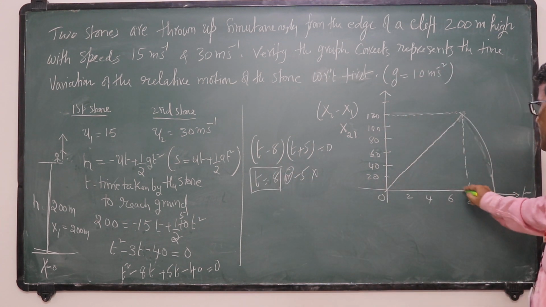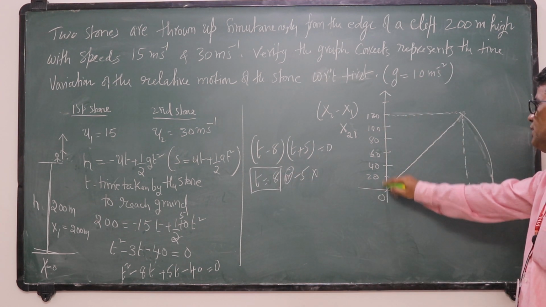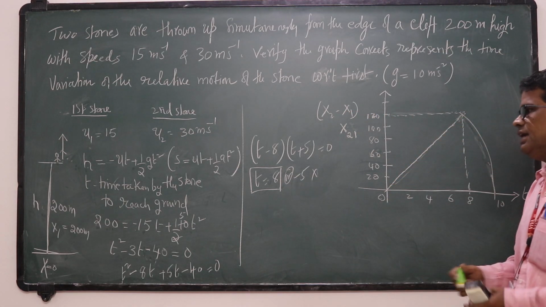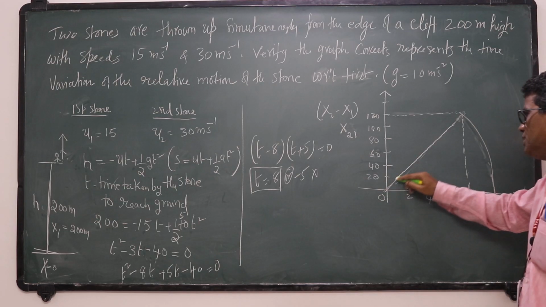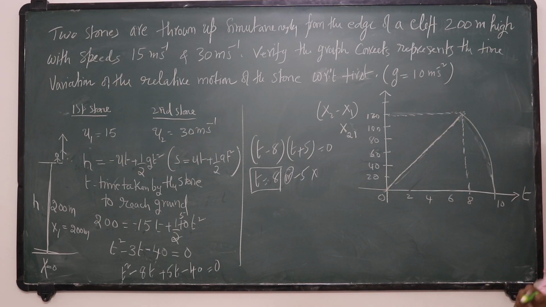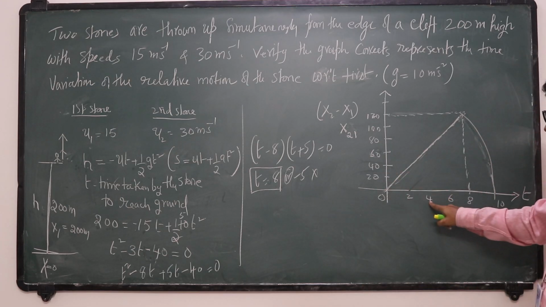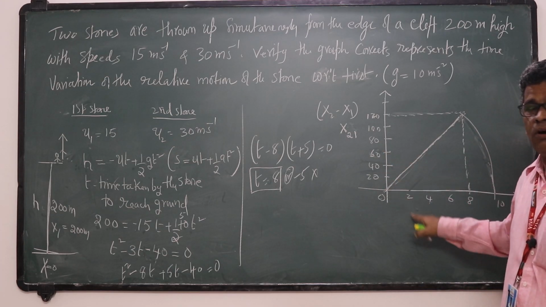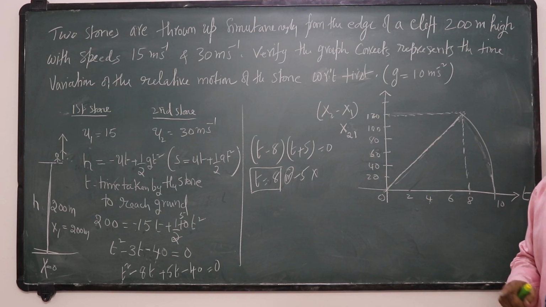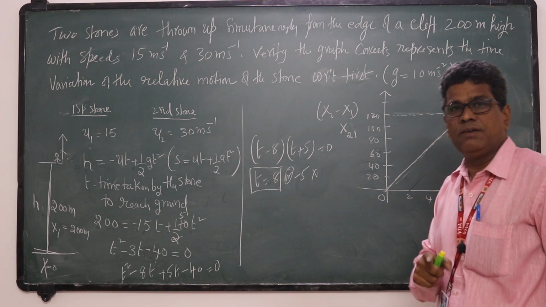So up to 8 seconds, the relative separation is a straight line. So it should have a linear equation. What is this equation? It represents a straight line passing through the origin. This means the x coordinate and y coordinate are related as a straight line, so we have to get y is equal to mx, the equation of a straight line.